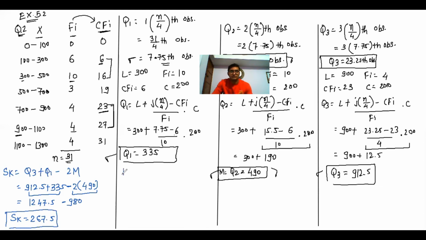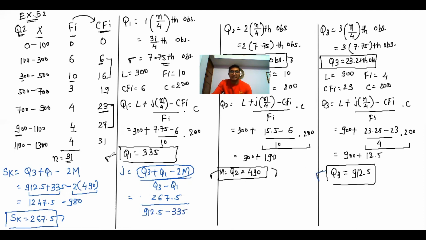Now the coefficient of skewness is Q3 plus Q1 minus 2M divided by Q3 minus Q1. So here the full value of Q3 plus Q1 minus 2M is 267.5, divided by Q3 minus Q1, means 912.5 minus 335.